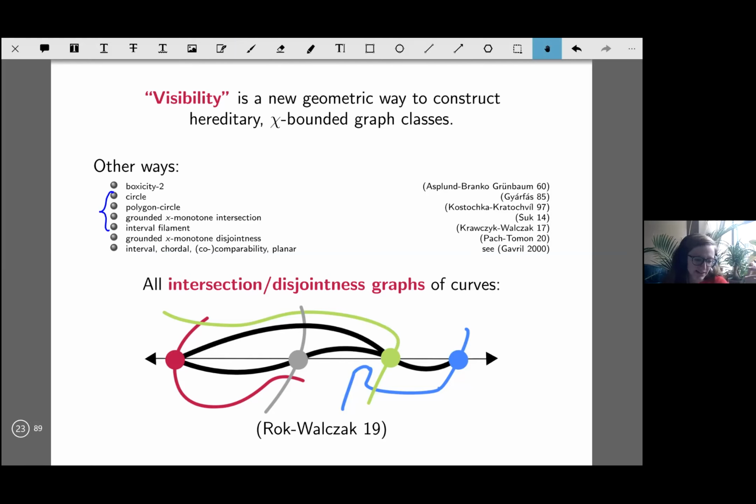It says that if you have a class of intersection graphs of curves in the plane, such that all of those curves intersect the x-axis at least once and at most t times, then that class is chi-bounded. We'd like to eventually have a more general understanding of which visibility graphs are chi-bounded. But so far it seems new. It's different from the other classes that we know of.